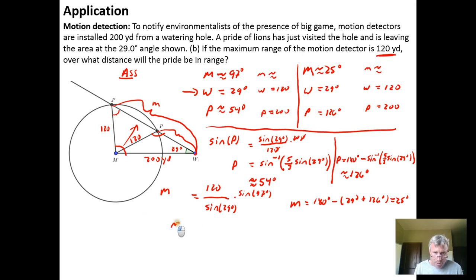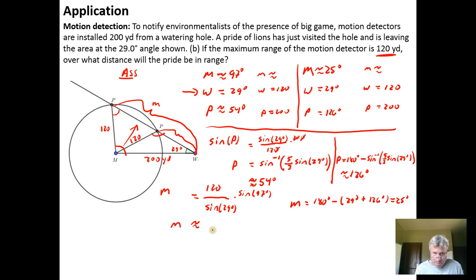And then we want to approximate M. So M is approximately, we plug in 120 times, I didn't already do it because I'm a slacker. We do 120 times the sine of 97 degrees.